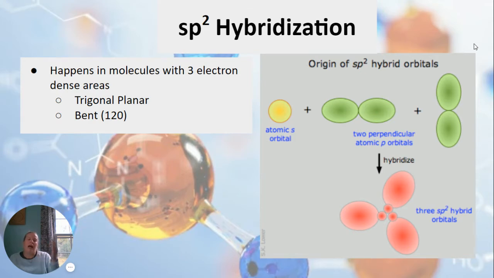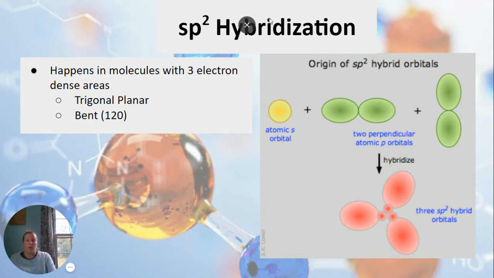Moving on then to 3 electron dense areas, that's going to be shapes that are trigonal planar and bent with a bond angle of 120. What they think happens is sp2 hybridization. So think about it as 1s and 2 p's hybridized to make 3 orbitals.